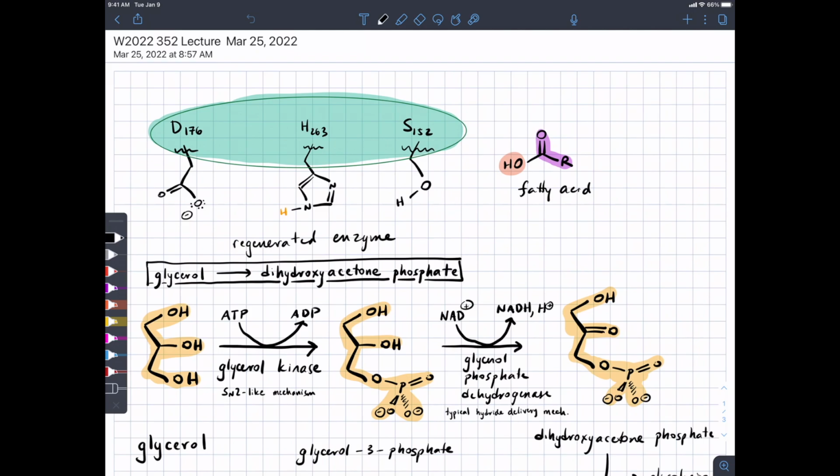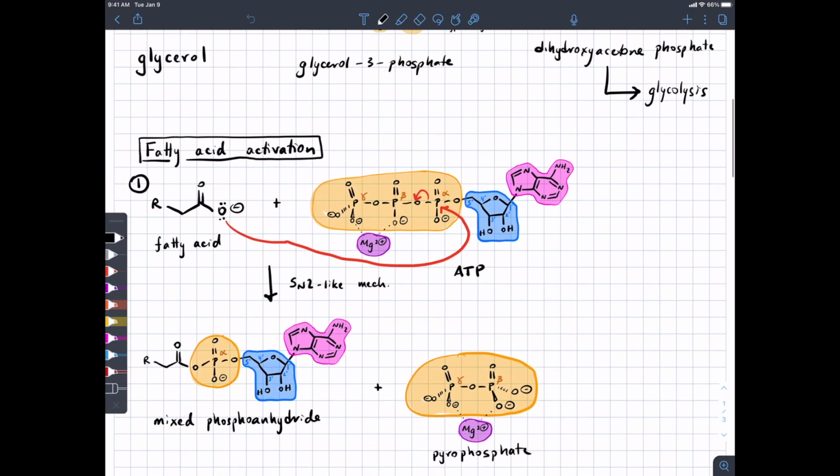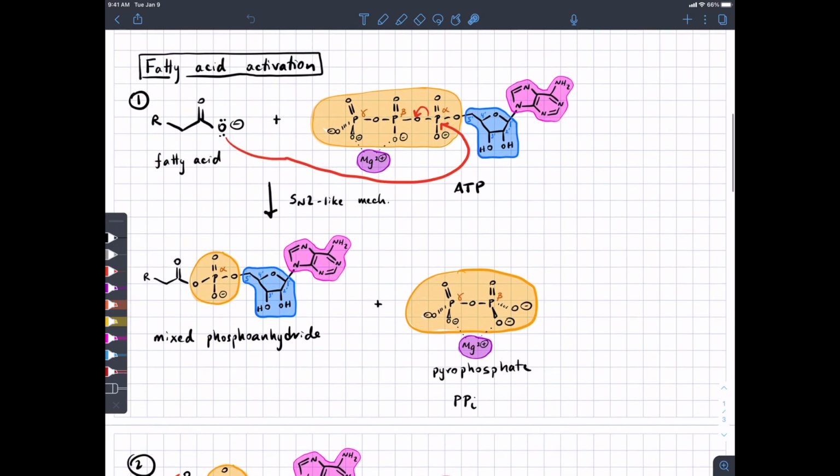Okay, so we are talking metabolism, and we've been talking about fatty acid beta oxidation. Last time we first activated the carboxylic acid so that we could get a thioester. We first made a mixed phosphoanhydride, and this is AMP, a very good leaving group.